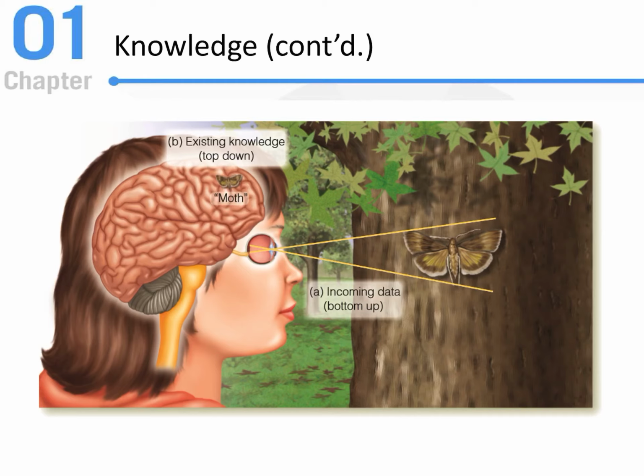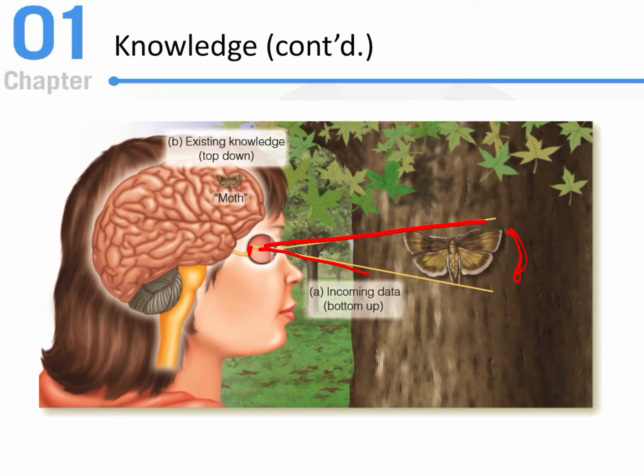So for this example, this image of a moth right here on a tree, we see that it initiates bottom-up processing because this image is going to project onto the back of the woman's retina, and that is bottom-up processing. All the little tiny pieces are going to be processed in her cells.